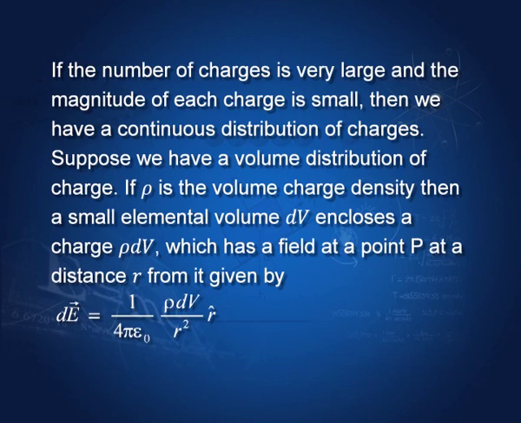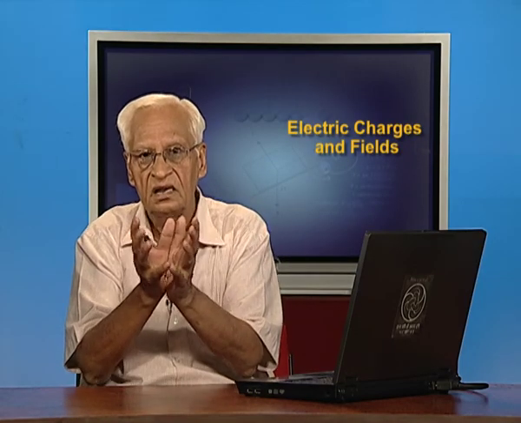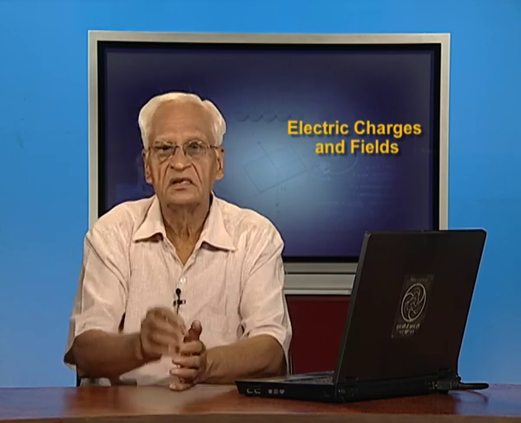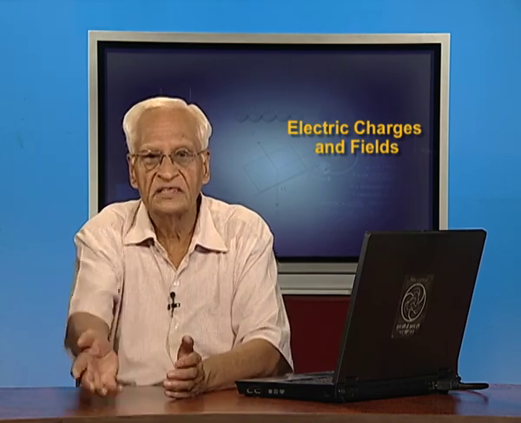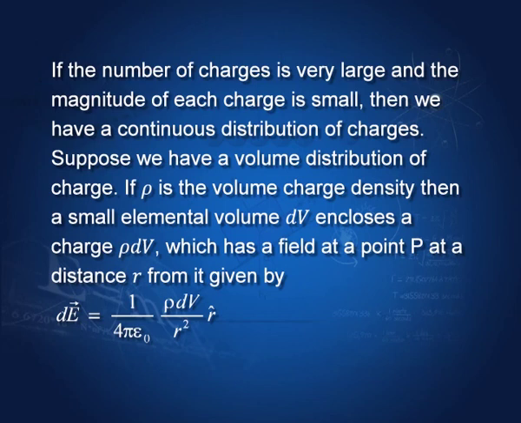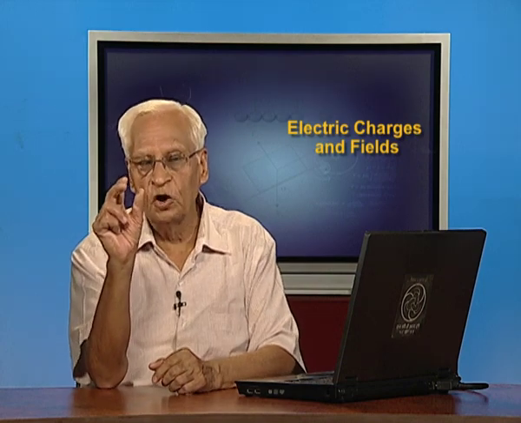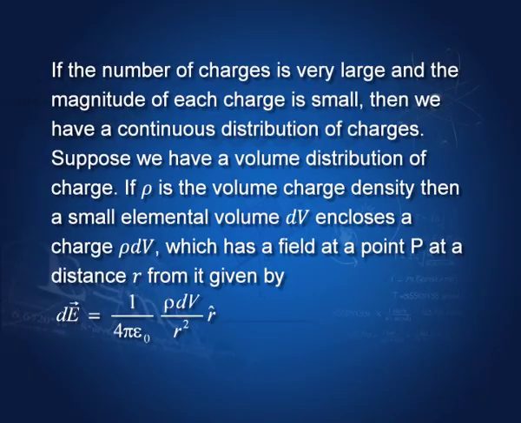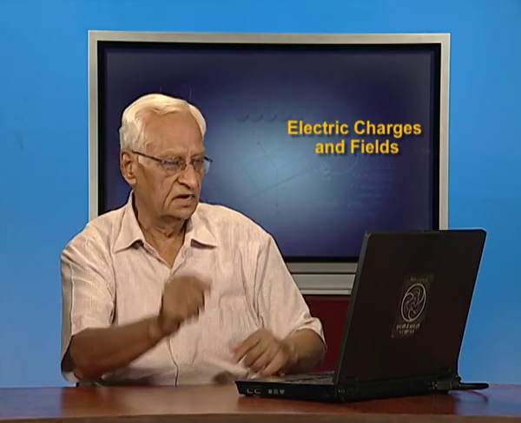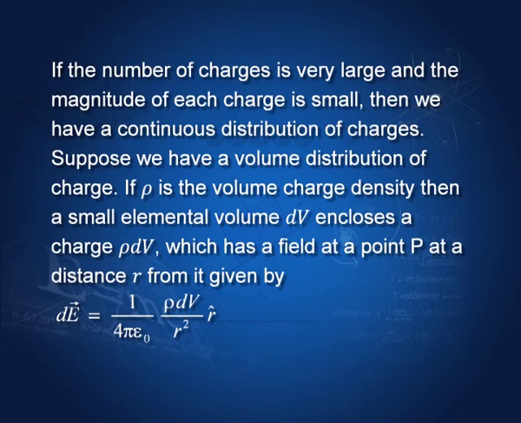So, suppose we have a volume distribution of charges, that is, we have a sphere or some other body in which the charges are uniformly distributed, and suppose the density of charge, that is charge per unit volume, is rho. Then in a small volume dV, the charge is rho dV, that takes the place of q, and therefore, the intensity due to this volume element is 1 by 4 pi epsilon 0 rho dV by r squared into r cap.